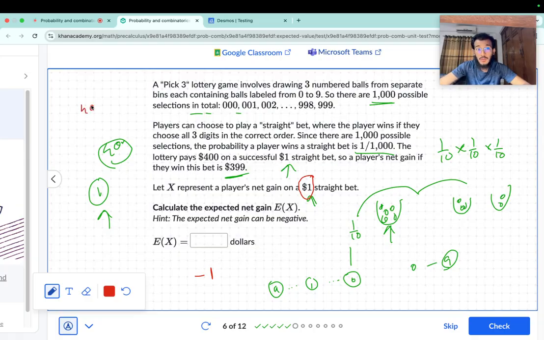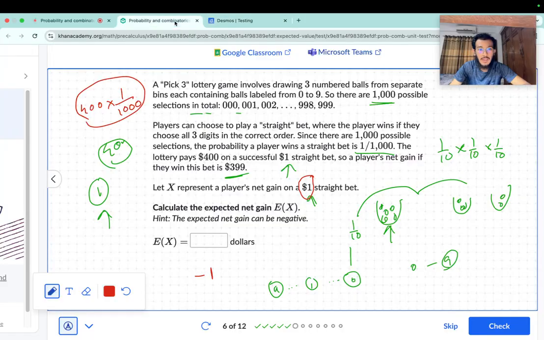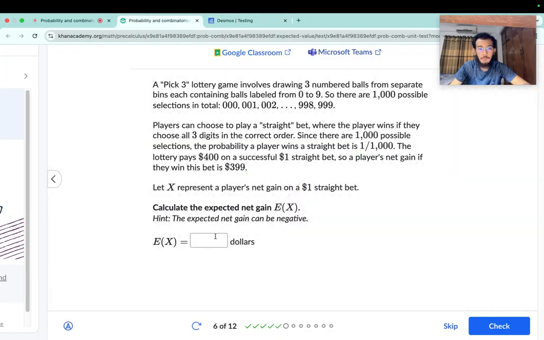You're getting $400, but the probability of getting that is 1 upon 1,000. So the expected value is this thing, and your net gain is what you gain minus what you invest. So 400 divided by 1,000 minus 1 is your expected net gain, which is negative 0.6. Okay, negative 0.6.